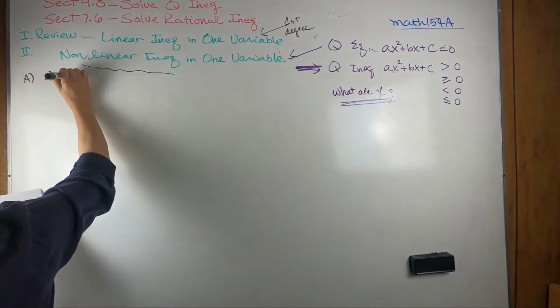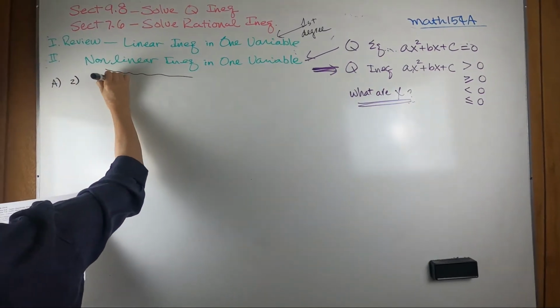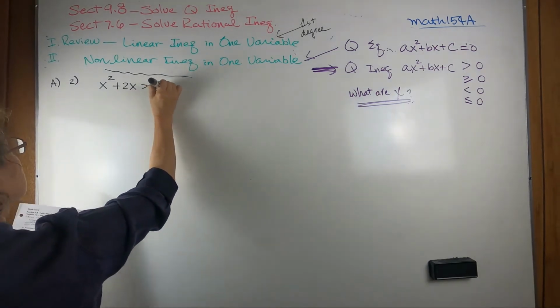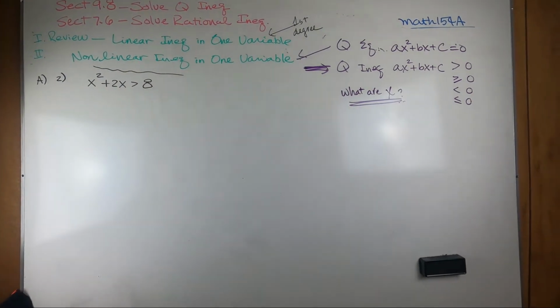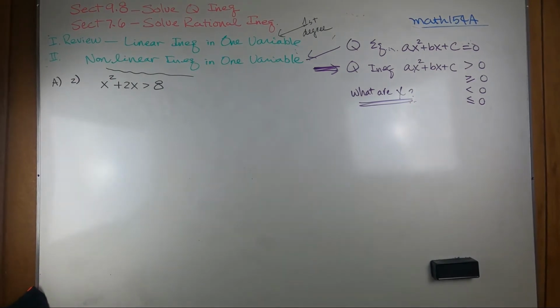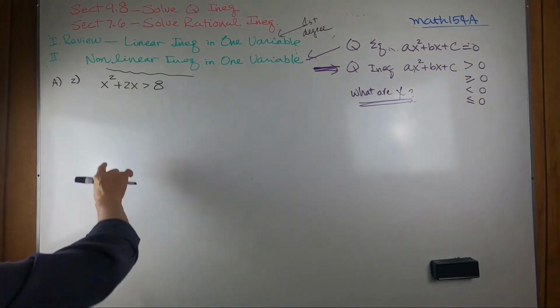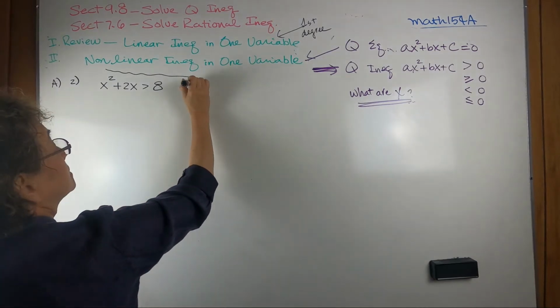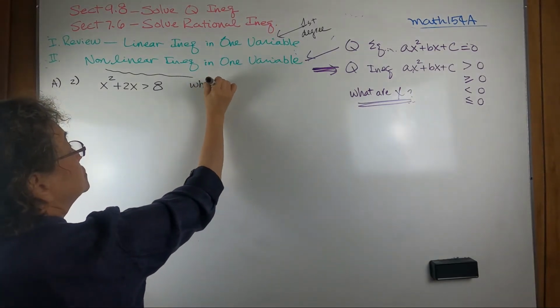So let's see some examples. If I have x squared plus 2x plus 8, solving it is not too bad, but understanding it is a little bit confusing. Okay, so if we have questions like this, what was the question? And what's the answer you need?